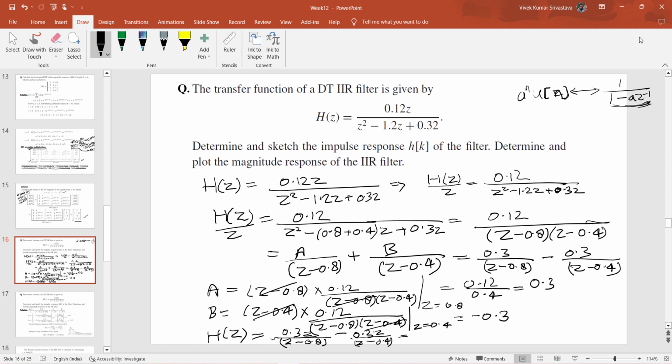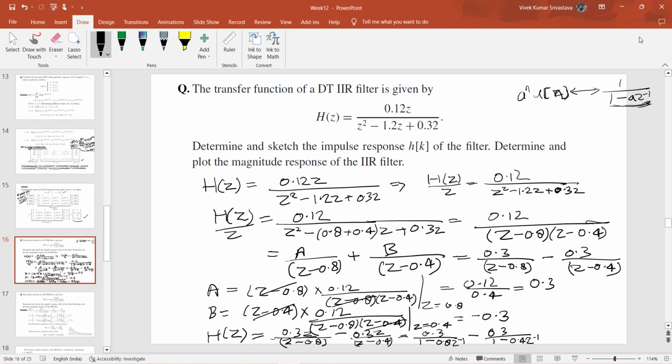Now we can write it as 0.3 over 1 minus 0.8 z inverse, minus 0.3 over 1 minus 0.4 z inverse.